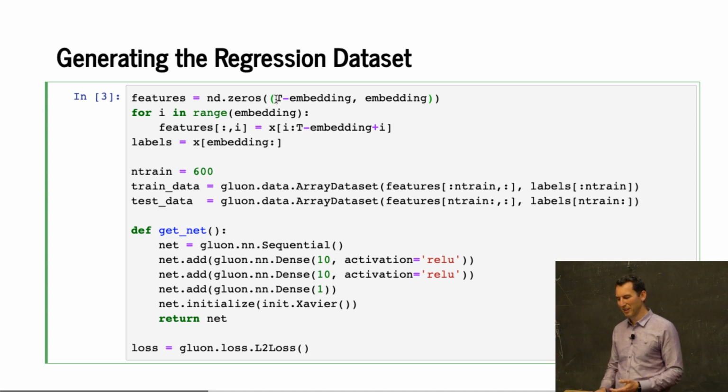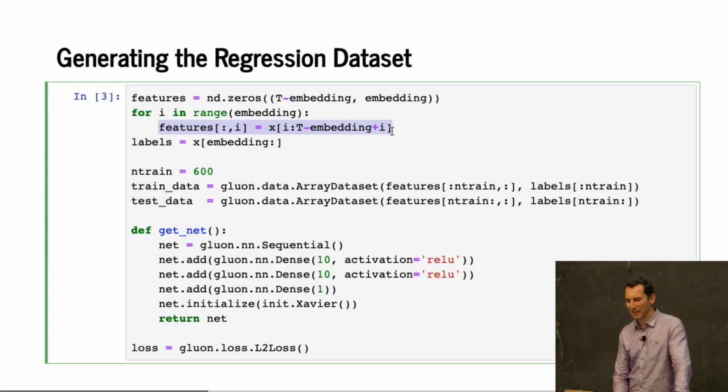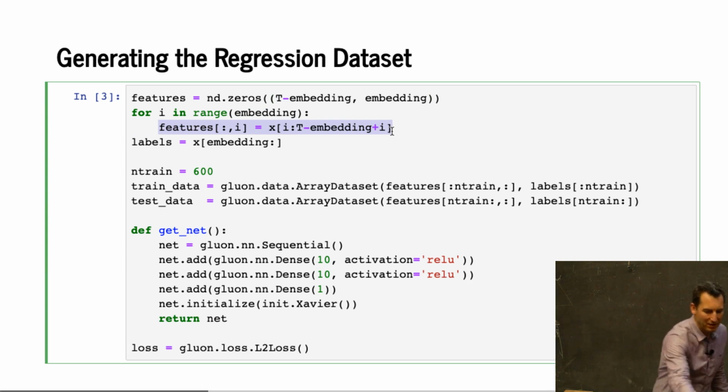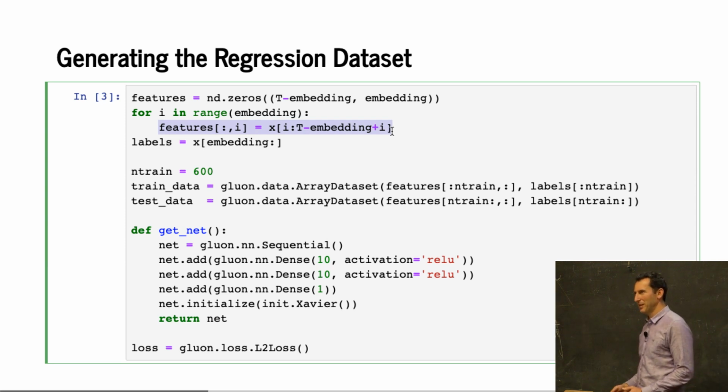T minus embedding, and then also embedding dimension, right? Because I have 4 dimensions times that length. And then I just assign the values into this feature vector. And the only slightly more convenient thing that I'm doing is I'm not assigning it one time step at a time.